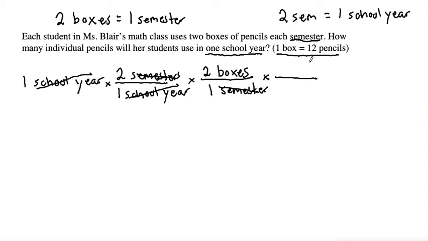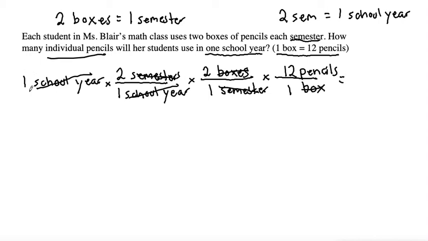We can do one more conversion factor, putting the unit we want to cancel out, boxes, on the bottom, and the unit we want to convert to, pencils, on top. So let's put the 1 with the box and the 12 with the pencils. We have canceled out our unit of boxes, and now we are in a unit of individual pencils, which is what the question is asking for.